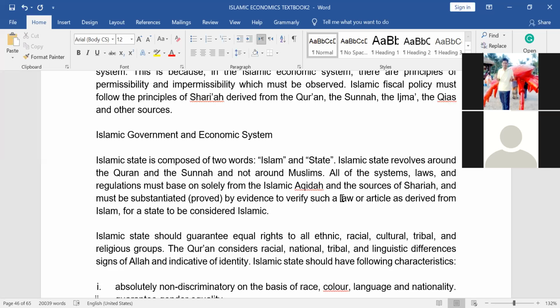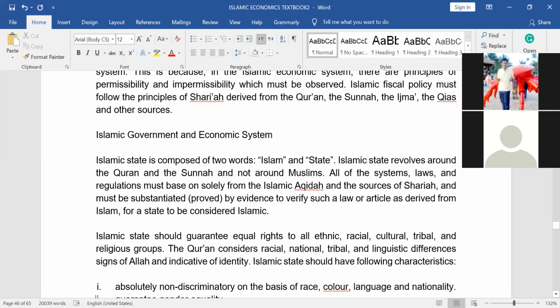Okay. Islamic state should guarantee equal rights to all ethnic, racial, cultural, tribal, and religious groups. The Quran considers racial, national, tribal, and linguistic differences as signs of Allah, ayatullah, and indicative of identity.